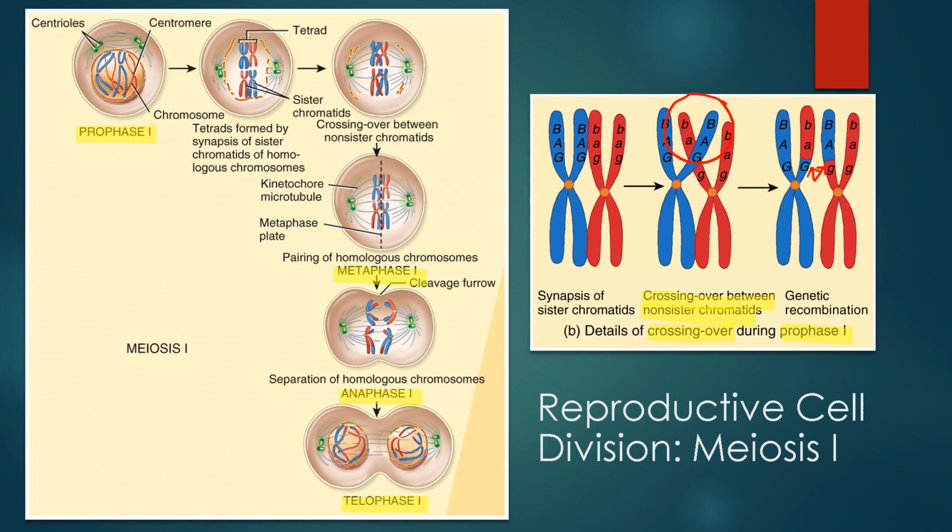Then in anaphase, the members of each homologous pair of chromosomes will separate and be pulled to each pole. You can see we have these mixed up chromosomes now with a little bit of blue and a little bit of red on them, so they're very different from the original chromosomes up here in prophase.